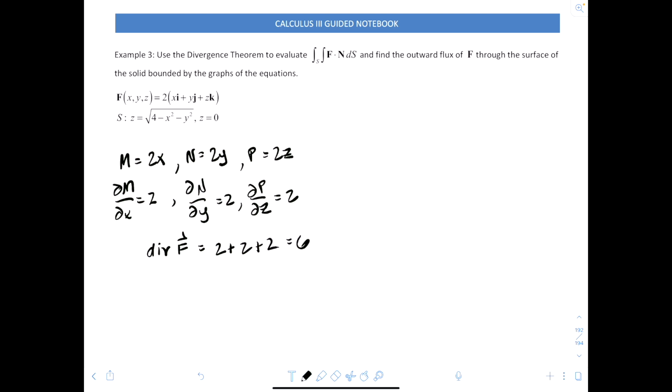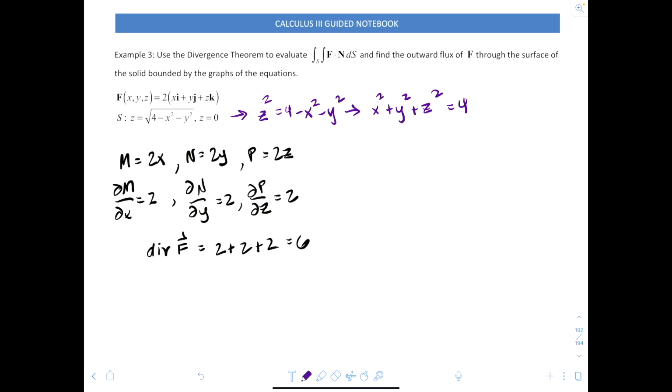So that's pretty cool. What is this surface anyway? You've got z is 0, right? And so here I'm thinking that, looking at all of this, z squared would be 4 minus x squared minus y squared, which would be equivalent to x squared plus y squared plus z squared is 4.